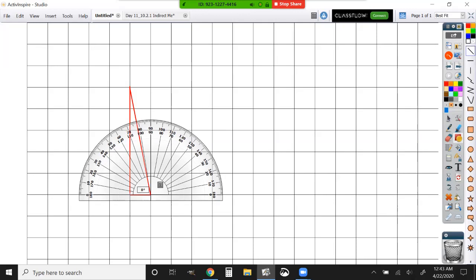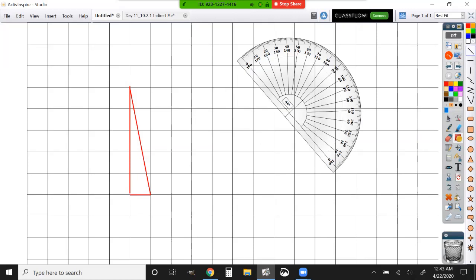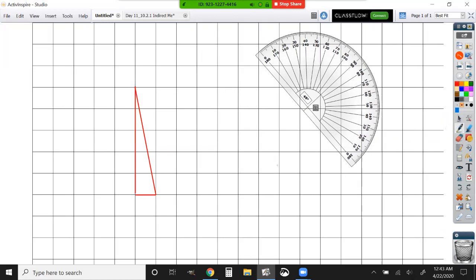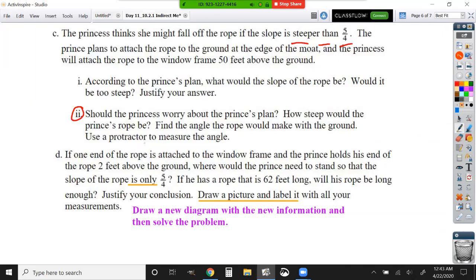So maybe somewhere around 78 degrees, if that's a right angle. So measuring with a protractor, it's approximately 78 degrees, and that is too steep.